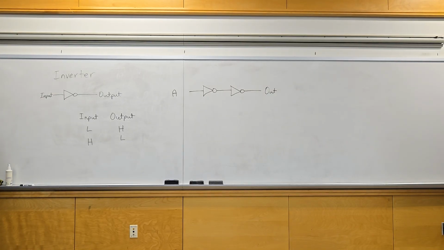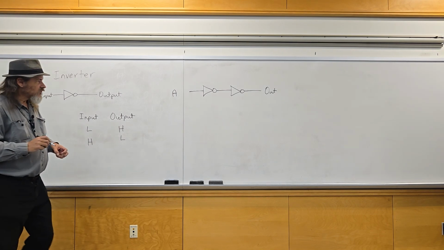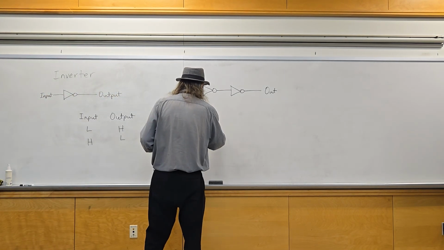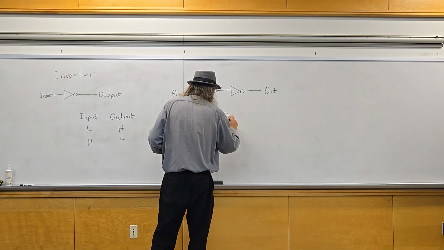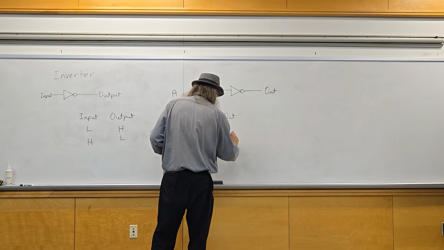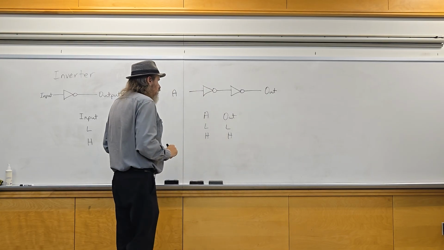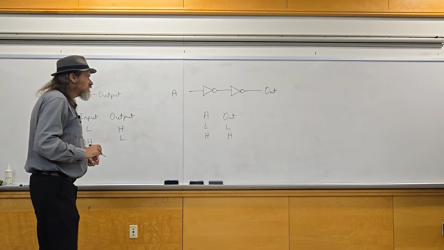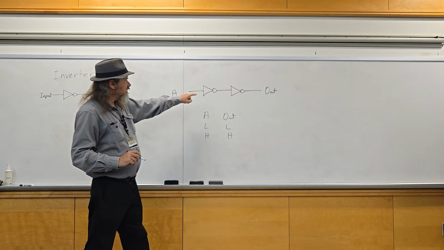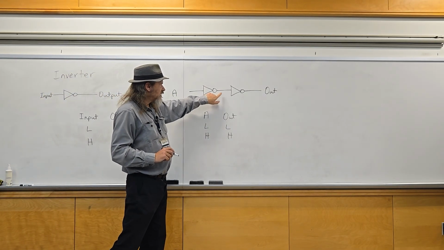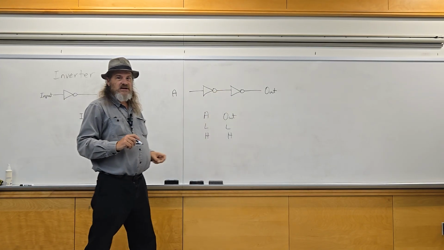Input and output would be the same. A double negative makes a positive. So this would be A low, high, out low, high. So you can feed an output of one gate into the input of a second gate.